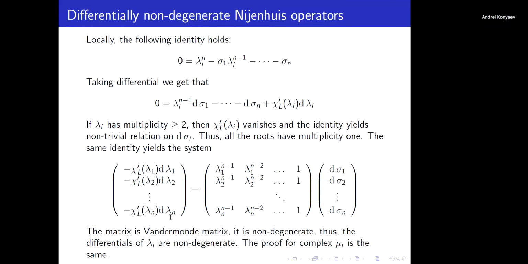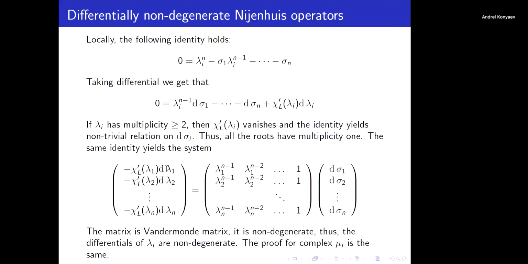If you take complex eigenvalues into the mix, it goes absolutely the same, because we did only regular algebra and linear algebra, and we didn't use any differential properties. And you will get that those differentials are linearly independent.